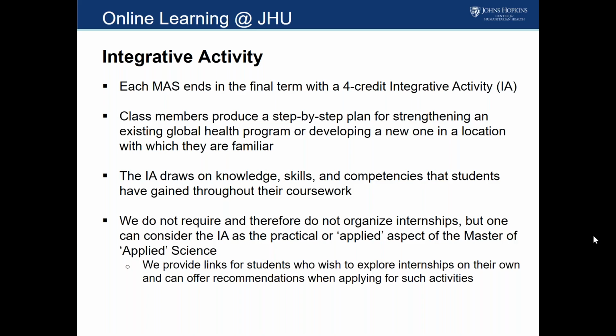Each MAS program has a little bit different way of going about it, but what we are setting up is that class members on a step-by-step basis plan for strengthening an existing program, either in an organization or in the community, depending on which of the degrees they're in. They may also develop a proposal for a new program.